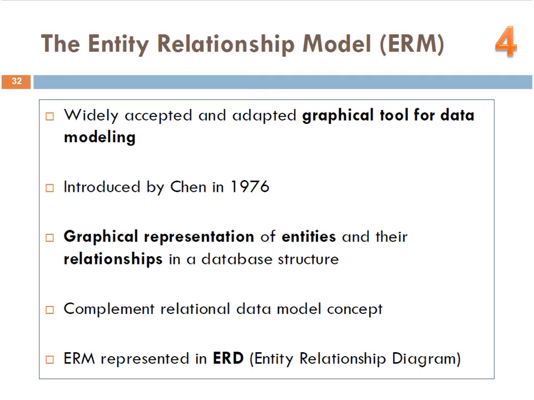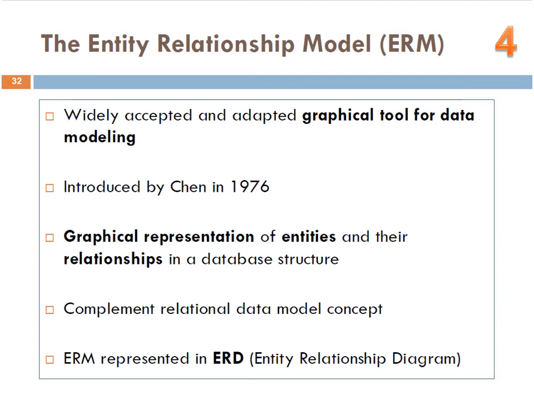Okay, now is the fourth type of data model, which is the entity relationship model, ERM. Even though the relational model improved on the hierarchical and network models, it still lacks some features. So database designers prefer to use graphical tools in which entities and their relationships are depicted in the form of pictures.